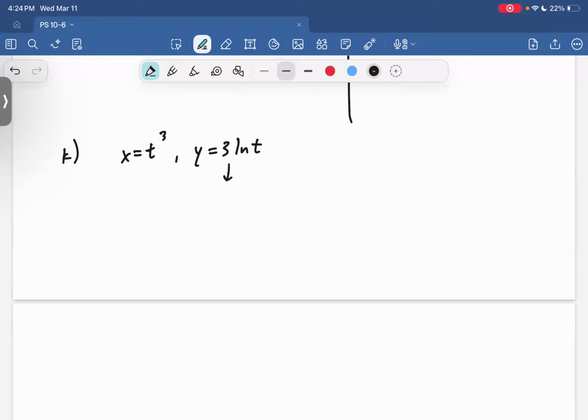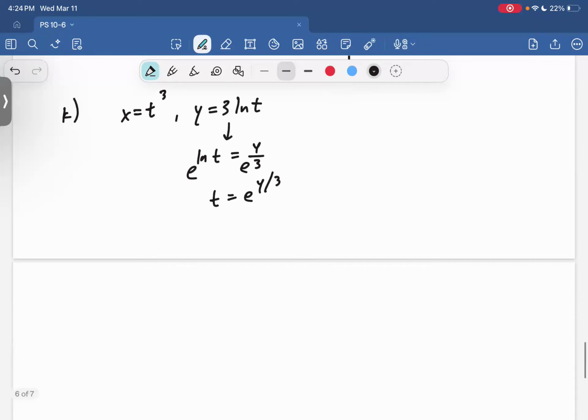So we have ln t equals y over 3, and then we can just exponentiate both sides, which tells us that t equals e to the y over 3. Okay, and then we can cube both sides. So x equals t cubed, which is e to the y over 3, to the third power, which is just e to the y.